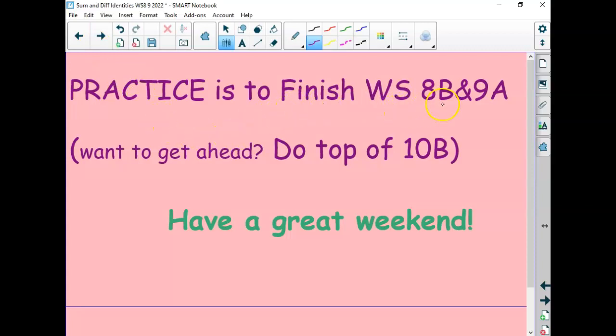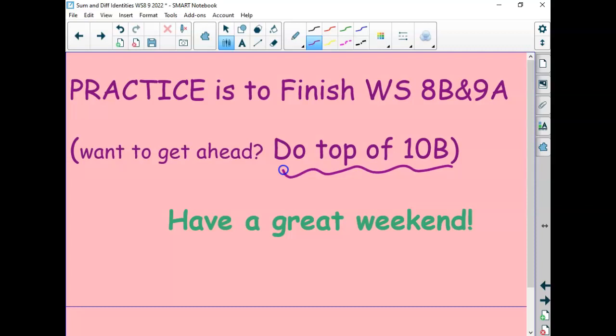Your practice is to finish those worksheets. If you will notice at the top of 10B, if you look at 10B, am I right? The very top is some more of this stuff. Everybody get to 10B? It's like 4 pages later because of our crazy numbering. It's some more of this same stuff.